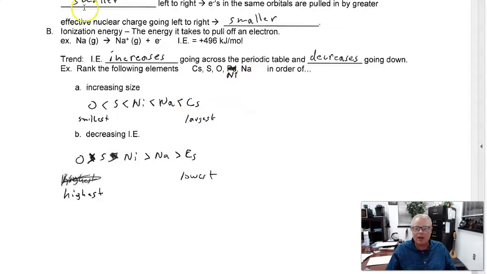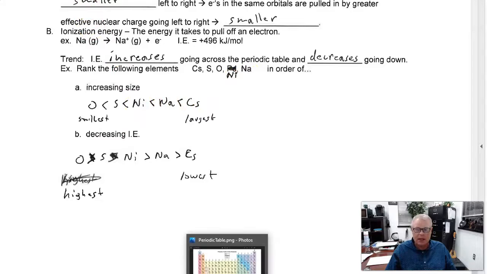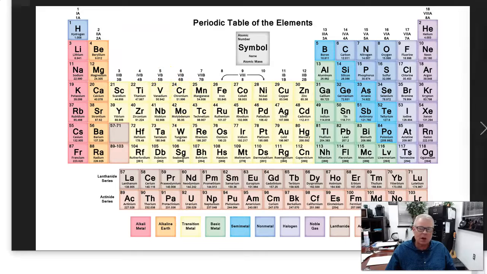Well, I know that atoms get smaller going across and larger going down. So my smallest one would be oxygen, because it's very far over here to the right and it's very far up. So what's next? Well, here's sulfur. It's one down, but it's still very far to the right, so sulfur would probably be next.